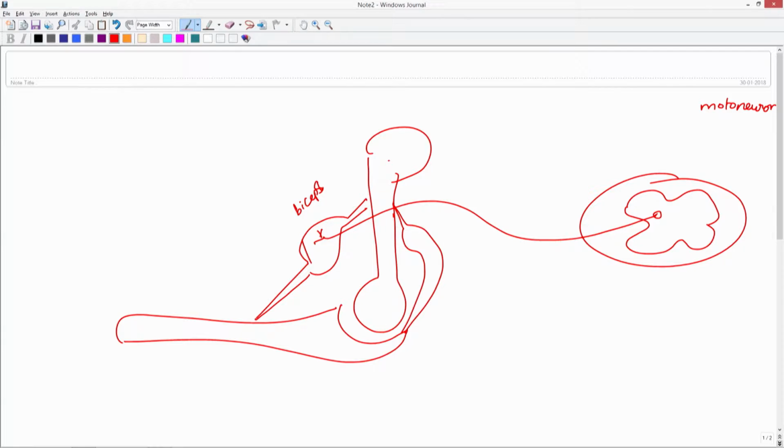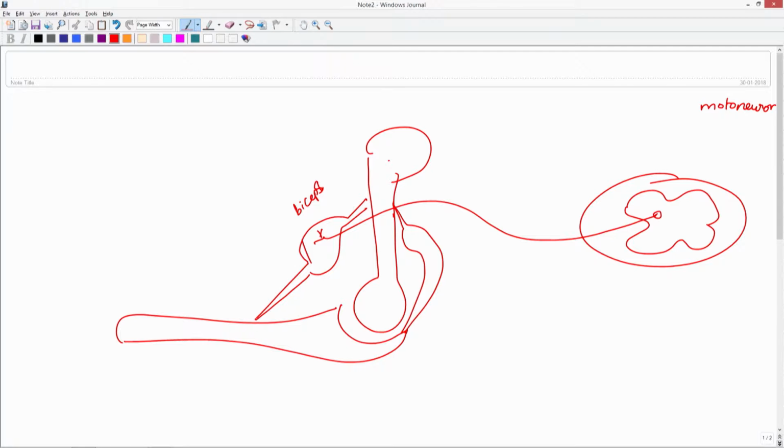Whenever the motor neuron fires, the muscle contracts. A muscle can only contract, it cannot elongate, it cannot generate force when it is elongating, right. So, this connection from motor neuron to the muscle is called the efferent pathway. Okay.